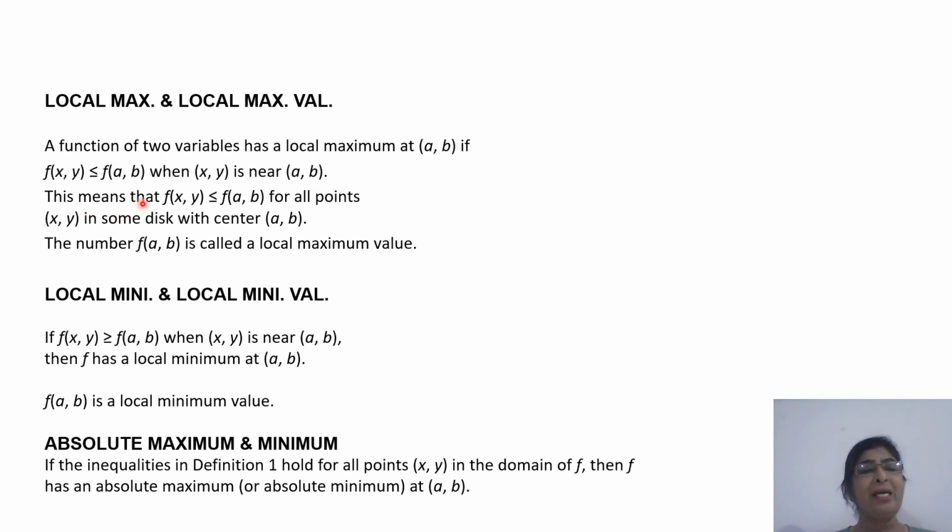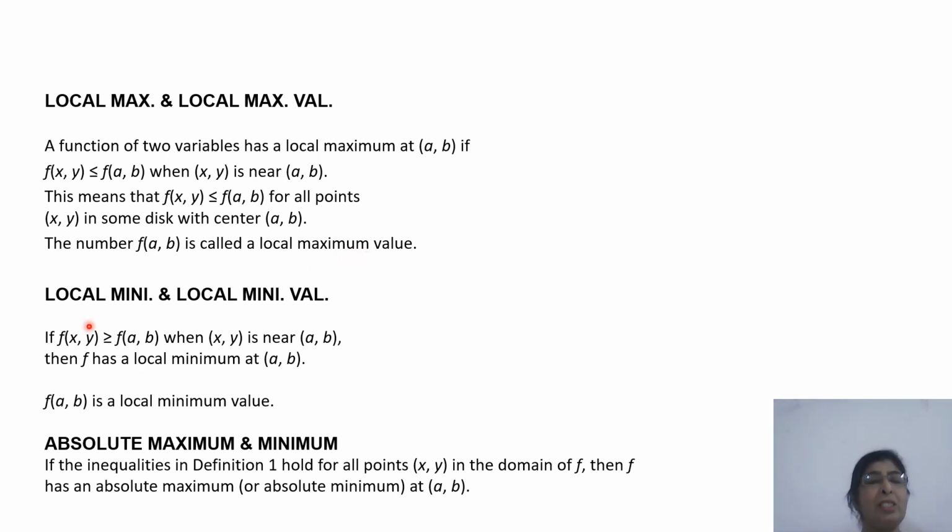This means f of (x, y) is less than or equal to f of (a, b) for all points (x, y) in some disk with center at (a, b). The number f of (a, b) is said to be the local maximum value.